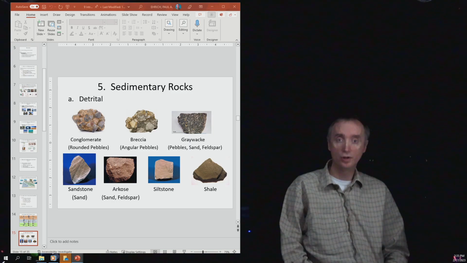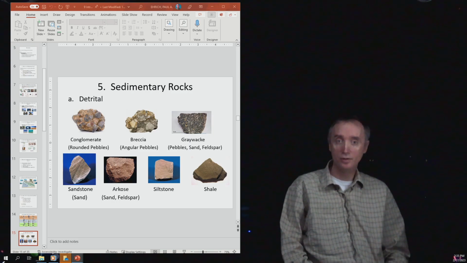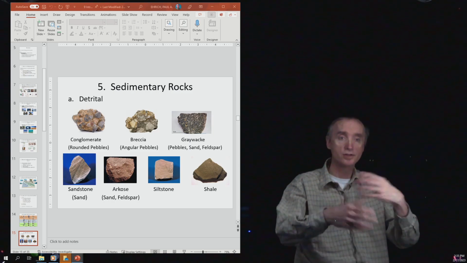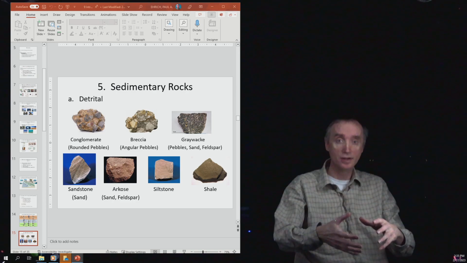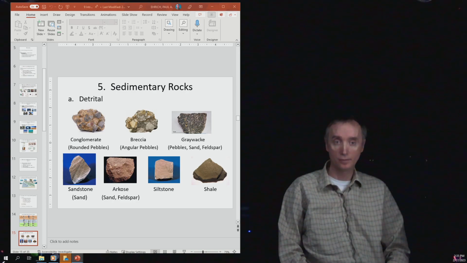Okay, so what could cause one of these types of rocks to form? So maybe you've got an avalanche or something where you've got all sorts of different kinds of rocks tumbling down the slope, and then they all land together and get cemented together, and then that could be a greywacke.